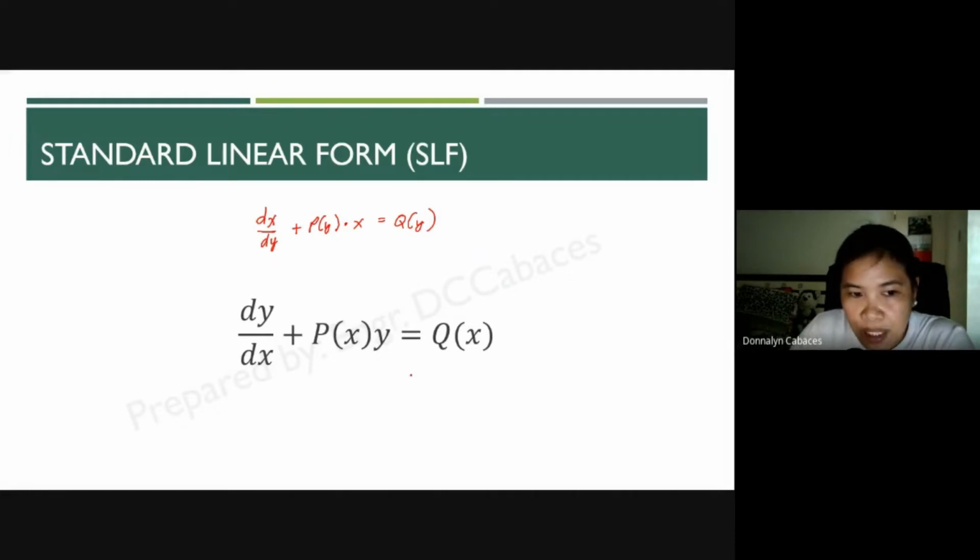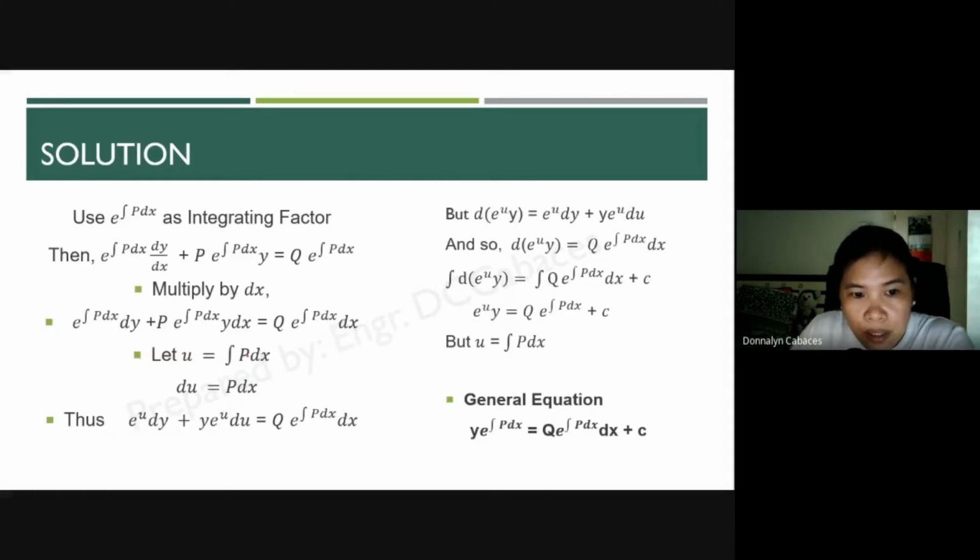But for this discussion, let me show you the solution for this equation in which we have y as the dependent variable or the linear variable. So again, remember that we are talking of the derivative of y with respect to x plus p as a function of x times y is equal to q as a function of x.